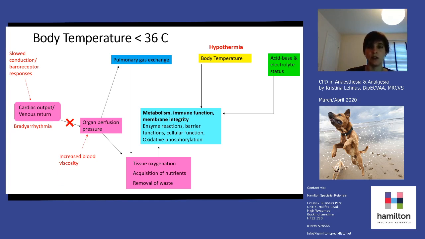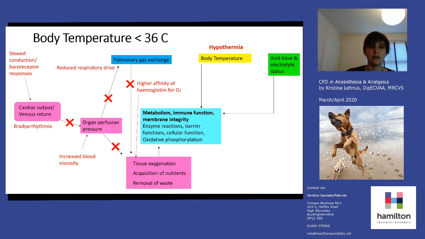So basically the colder you get, the thicker your blood. That then reduces organ perfusion, which affects the lungs just as it does the other organs. And you also have a reduced respiratory drive, and I'll get on to why in a minute.